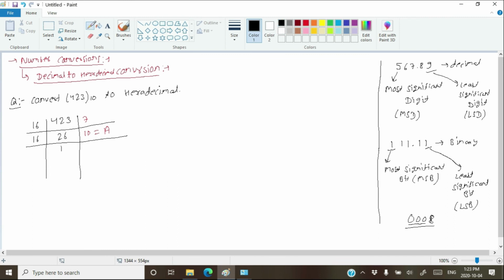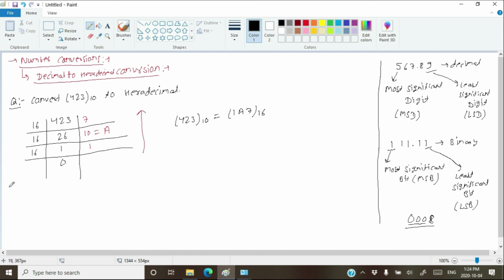After that, we have to divide the remaining quotient by 16 and we will get 0 as the quotient and 1 as the remainder. Now you take all the remainders from bottom to top and that will be your final hexadecimal number. So 423 in decimal is same as 1A7 in hexadecimal. Both are representing the same quantities.